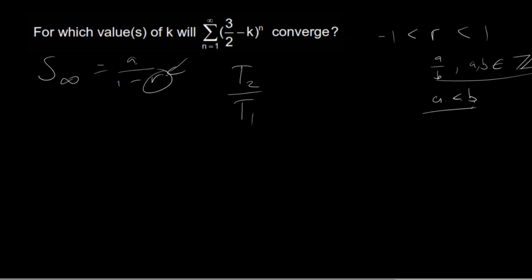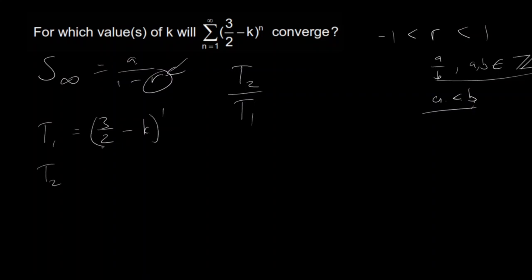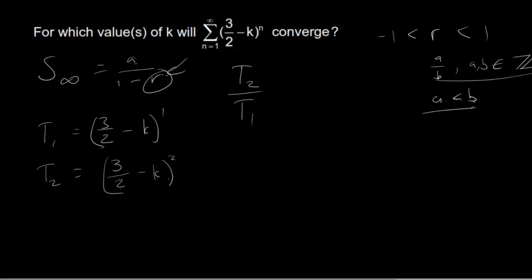So we'll have t1 being equal to 3 over 2 minus k to the power 1, and then t2 will be equal to 3 over 2 minus k to the power 2.